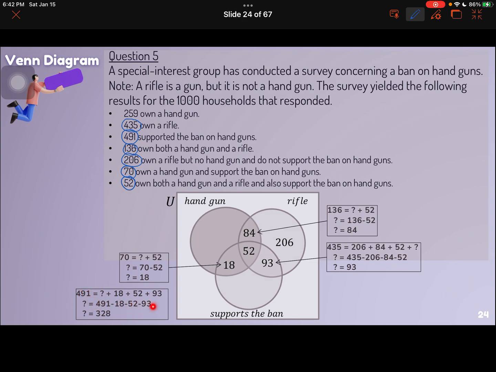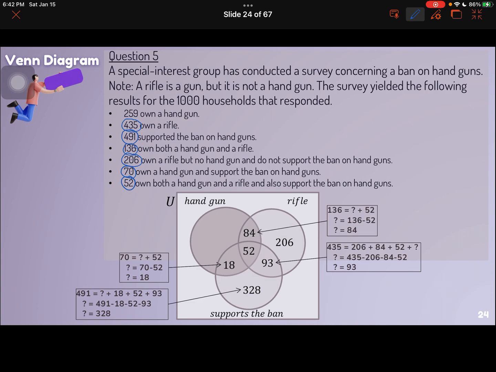So I make this operation to get that 328 is the value here, that only supports the ban on handguns, but they do not have a handgun or a rifle.